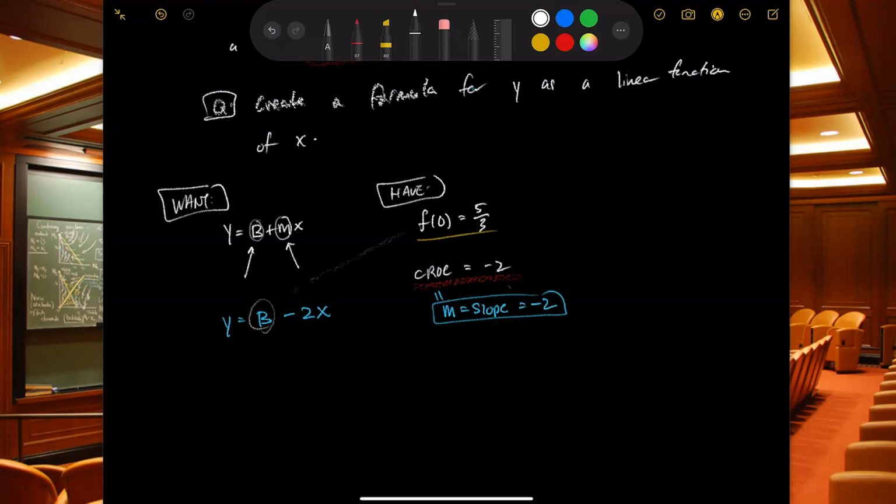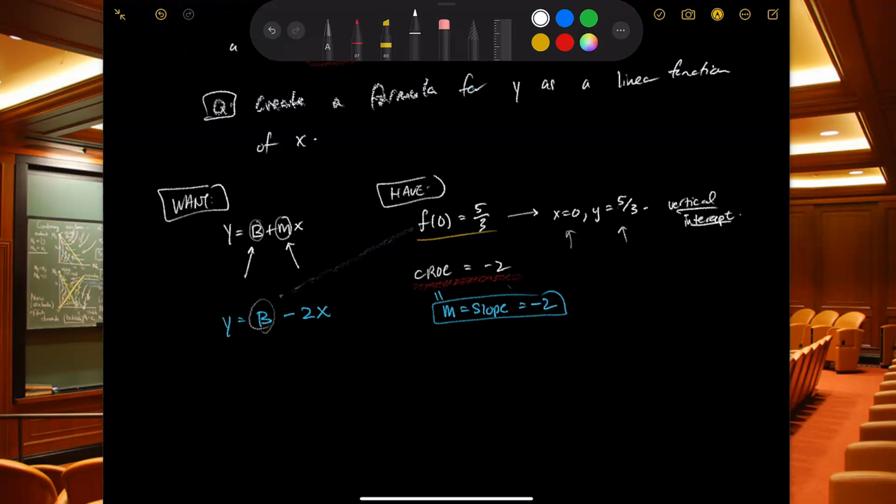Can I get b from this piece of information? Well, what does this really mean? This really means that at an input of 0, y equals 5/3, right? Because y equals f of x. So this right here, input of 0 gives me an output. This is my vertical intercept.